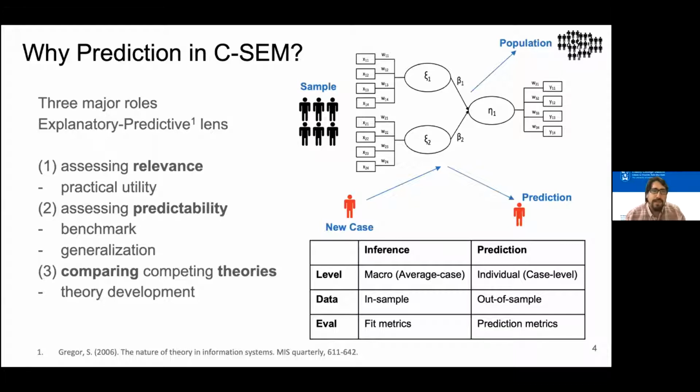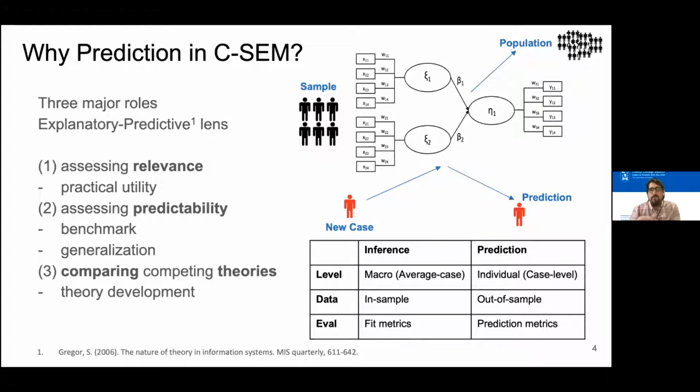Now this EP lens provides us several roles for prediction in our explanatory modeling. Firstly, assessing relevance. This speaks to the specific practical relevance that practitioners might take from research. It's one thing to report perhaps a structural path with the associated sign, significance and size.